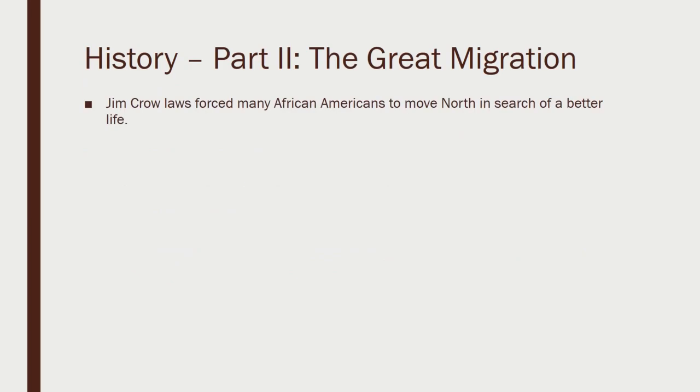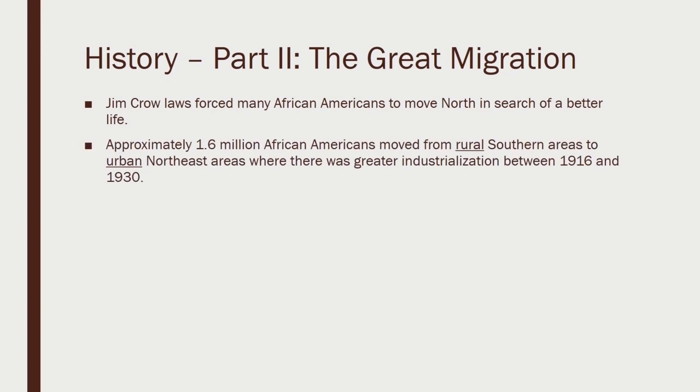So as a result of Plessy versus Ferguson, this so-called separate but equal that truly wasn't, and the discrimination bred by Jim Crow laws, many African Americans chose to move north in search of a better life.